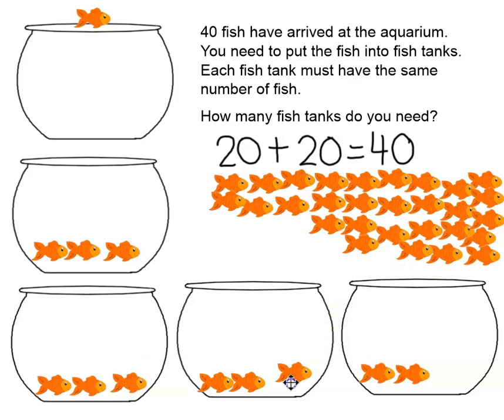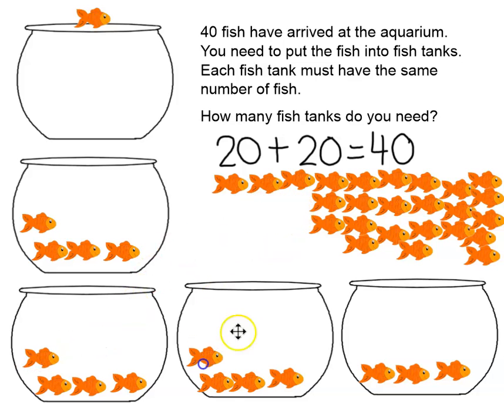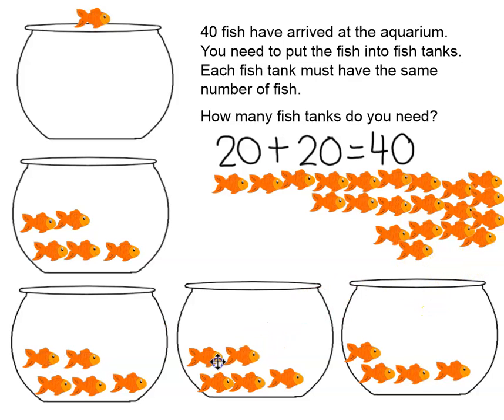Let's find out. Each one now has 3. Each tank now has 4. And I'm being really careful and precise here, and I can go back and look because I'm keeping them in rows here. I can tell that each one has 5.